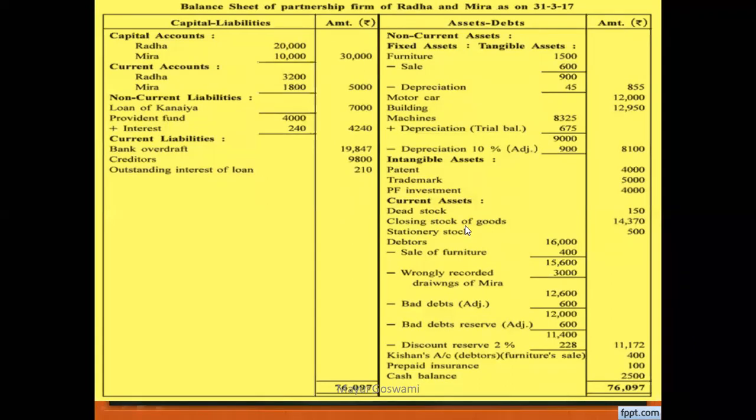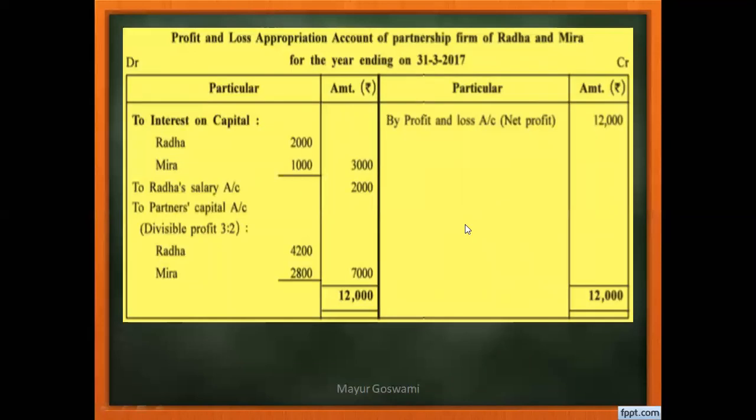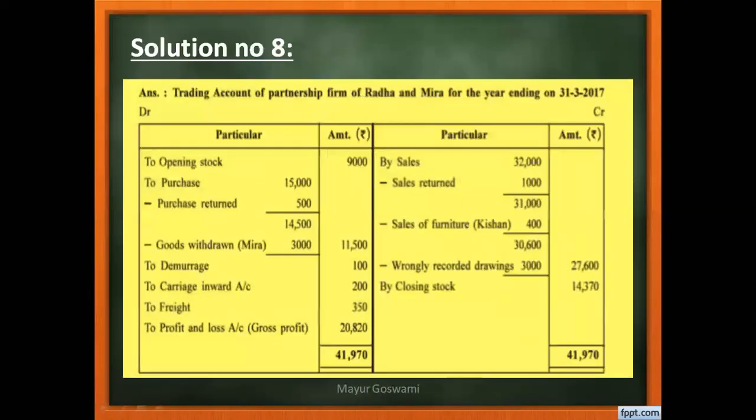So come to the sales side, that is trading account credit side. Right here, less sale of furniture, or you can write here wrongly recorded, 400. So total in the inner column 30,600.